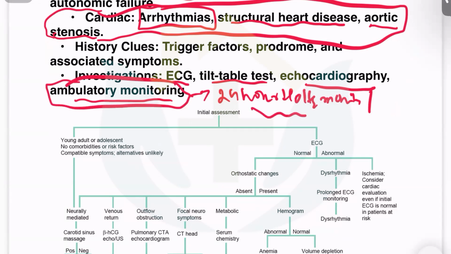One is 24-hour Holter. Anything else? Come on, guys. You are preparing for the MRCP exam. Ambulatory BP monitoring. Yes, ABPM. So, why ambulatory BP monitoring? Because orthostatic hypotension will start reflecting in that ambulatory BP monitoring.